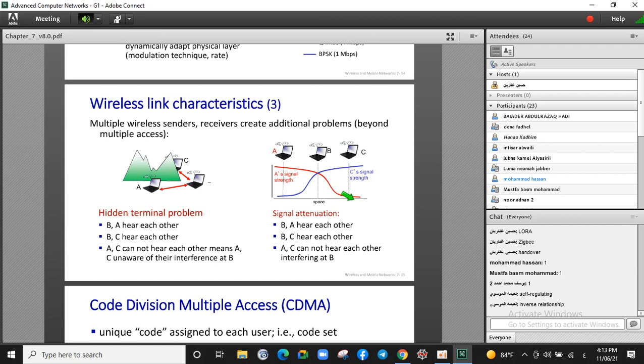And if you remember, when I was talking about wireless networks, I said that a signal would be understood by a receiver when it has a minimum level of power.